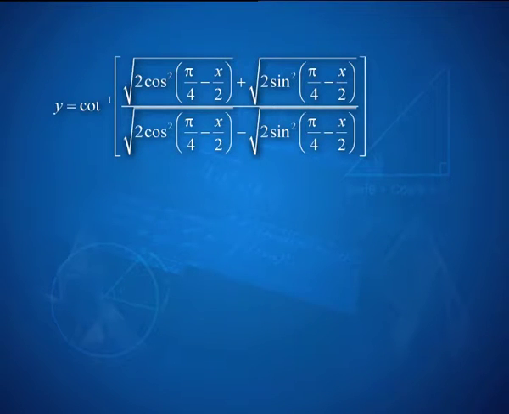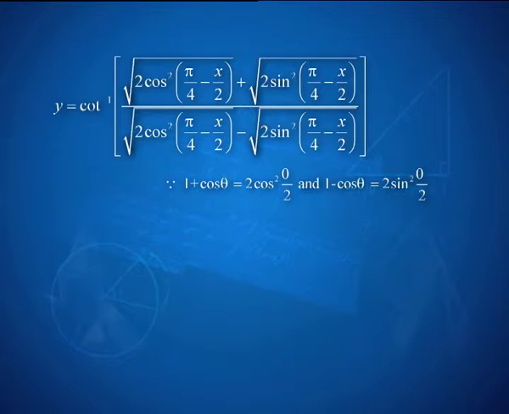Simply because 1 plus cos theta is 2 cos squared theta by 2 and 1 minus cos theta is 2 sin squared theta by 2. Therefore, 1 plus cos pi by 2 minus x simplifies to 2 cos square pi by 4 minus x by 2, and 1 minus cos pi by 2 minus x simplifies to 2 sin square pi by 4 minus x by 2.